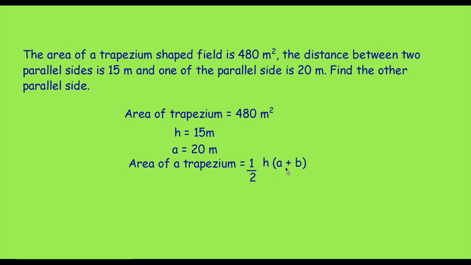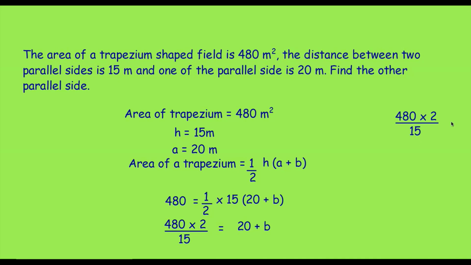Area of the trapezium is equal to half h into a plus b. Substitute these values for area, h and a. That is 480 is equal to half into 15 into 20 plus b. Now 2 and 15 you can transpose first. So 480 into 2 divided by 15 is equal to 20 plus b.